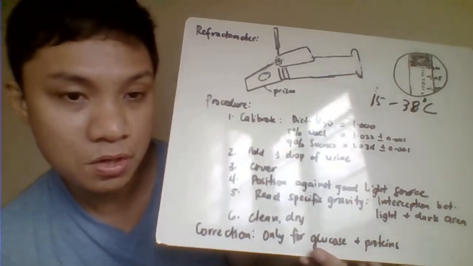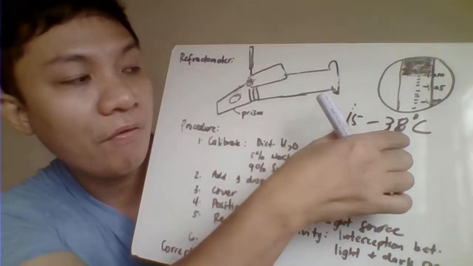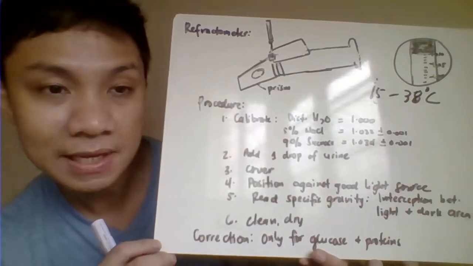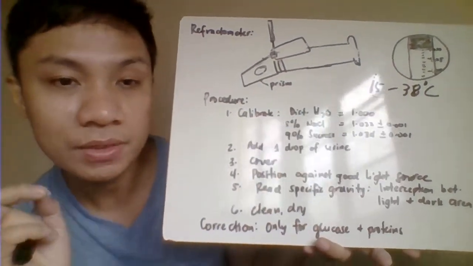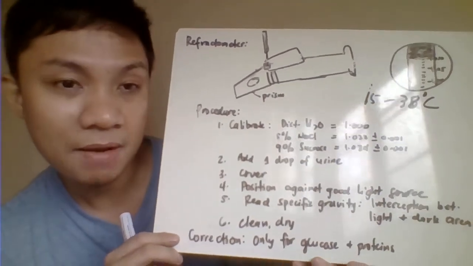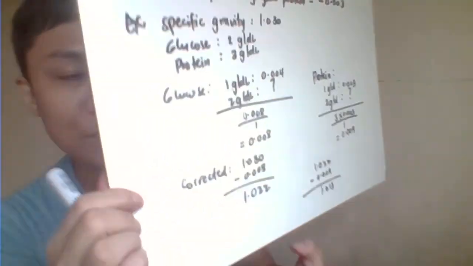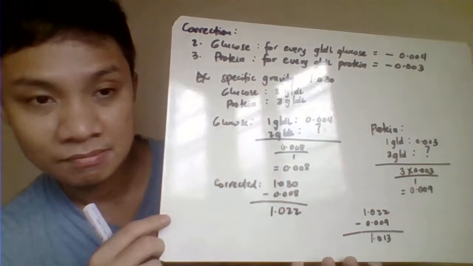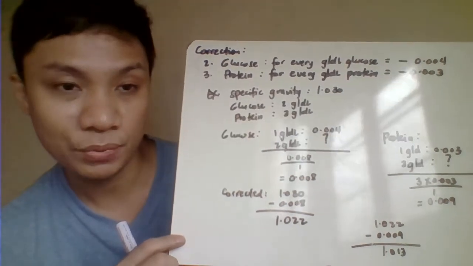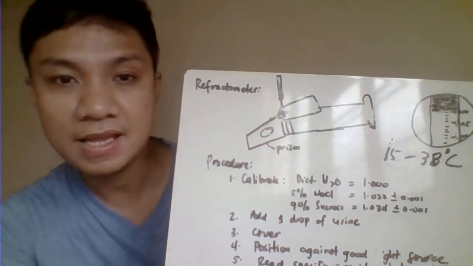Since its calibration temperature range is wide, most likely the urine sample temperature falls within it. That's why you don't need to correct for the temperature. But for glucose and proteins, you still need to correct, with the same corrections as before, for both glucose and protein. But for the temperature, we no longer need to correct. Okay, thank you.